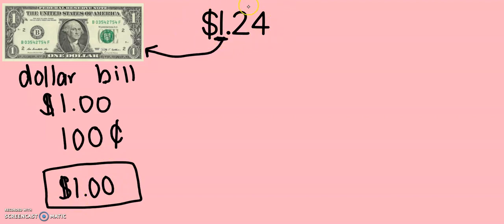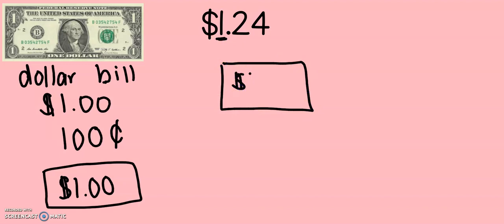Now, let's go back to our amount here. I'm drawing $1.24. I'm going to start with my dollar because the dollar is the biggest. So here's $1. Now I need to go to 24 cents. So I'm using my tens and ones.